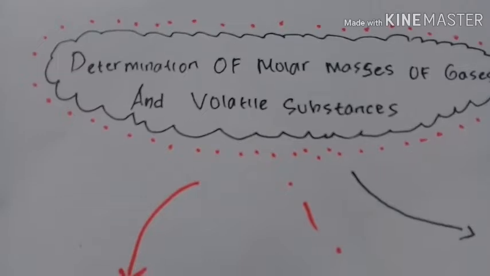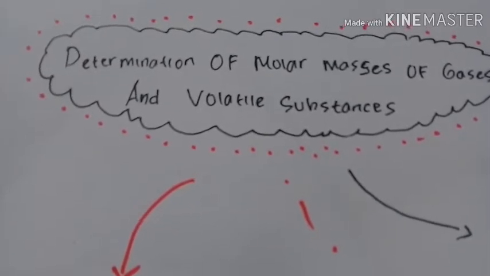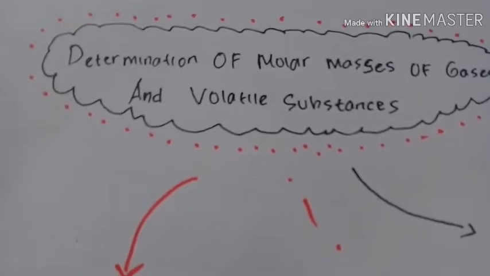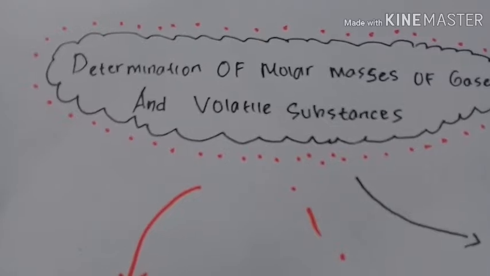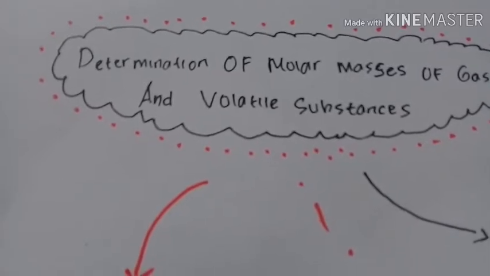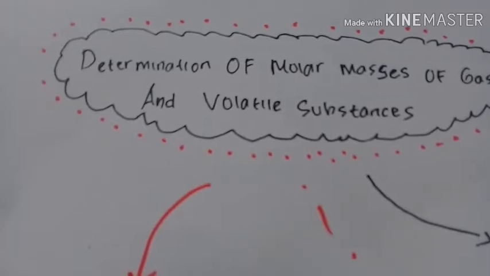According to aluminum chloride, AlCl3, Al2Cl6, the ratio of density to pressure should be independent of pressure.